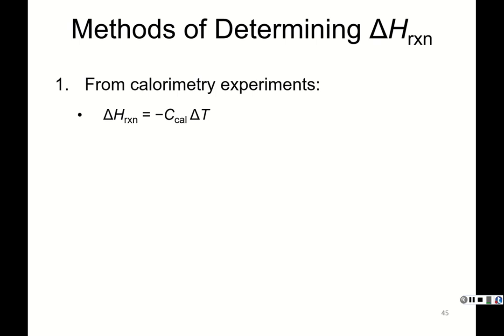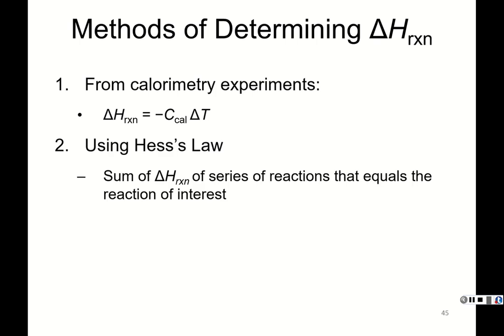Okay, so just in summary, there are 3 ways we learned about in Chapter 6 of determining the delta H of a reaction. One was from calorimetry experiments, which I didn't go through in this lecture, which we won't really be doing in this class. Two is using Hess's law, and that's summing up the delta H of reaction of a series of reactions that will equal the reaction of interest.